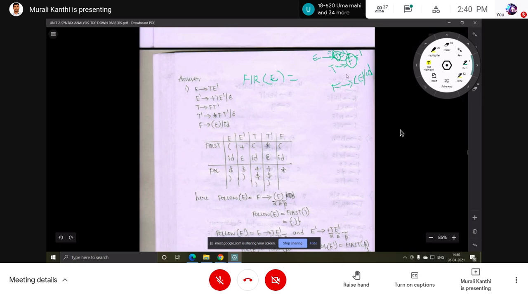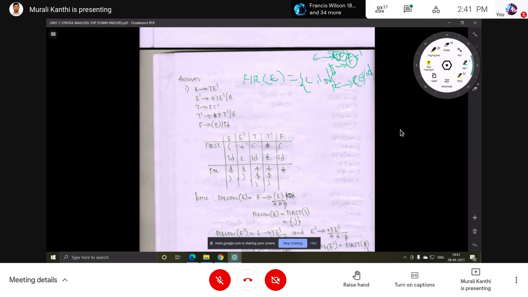First of the entire first one, the first symbol is a terminal, so add that terminal to the set. From the second production, first of ID, we will get ID. So first of E is open parenthesis and ID.